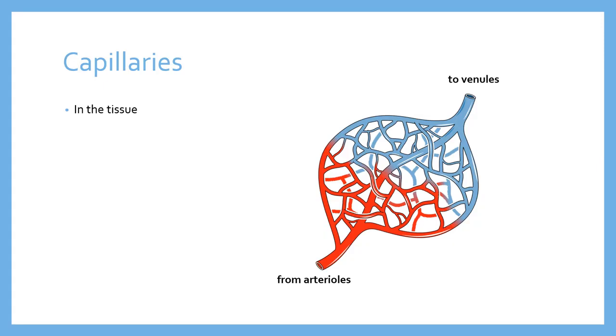And in the case of the lungs, the maximum opportunity for the oxygen to be picked up and the carbon dioxide to be dropped off by dispersing it through and in and around the lungs, the alveoli that you can learn about in another video. So the purpose of the capillaries is to enable gaseous exchange.